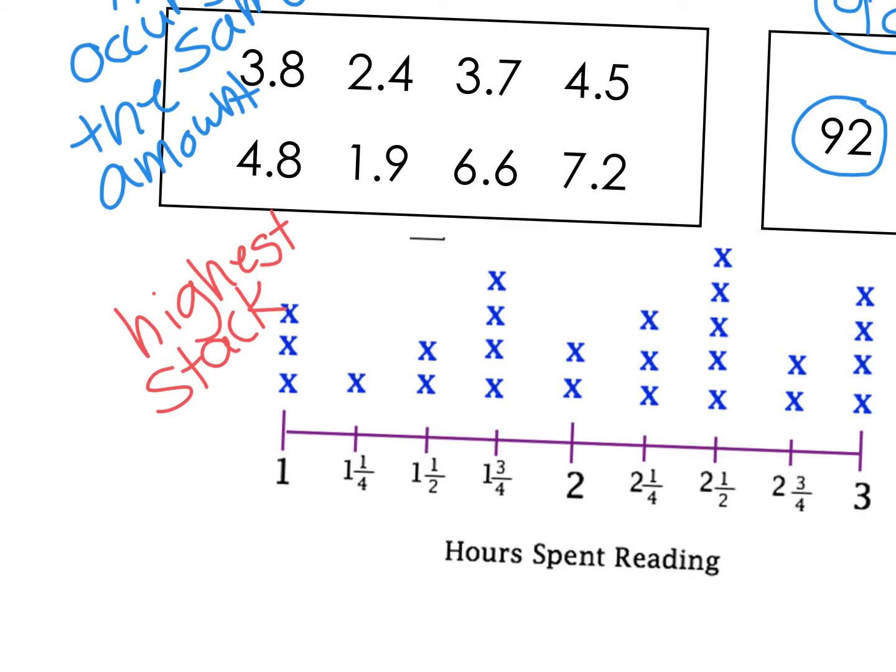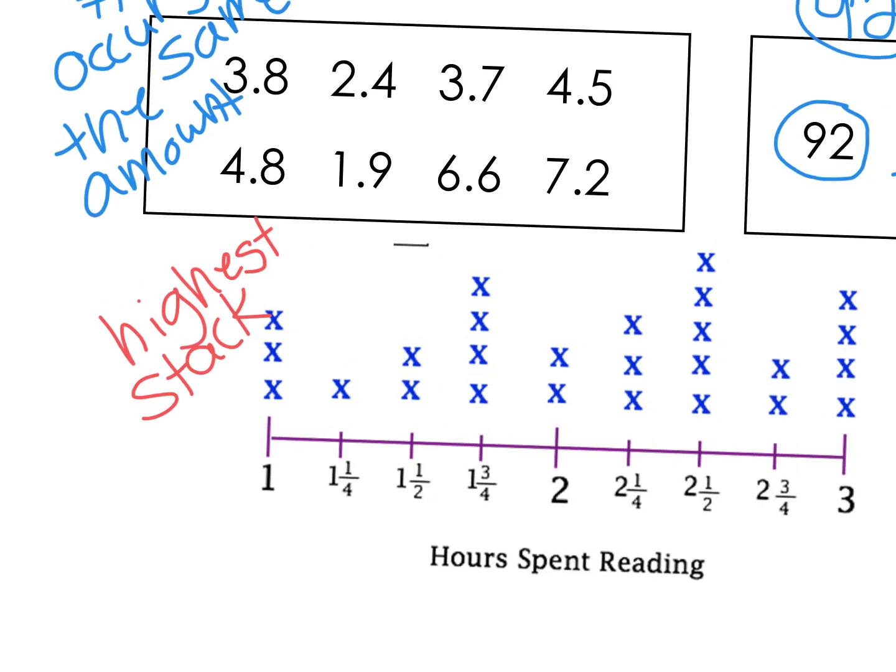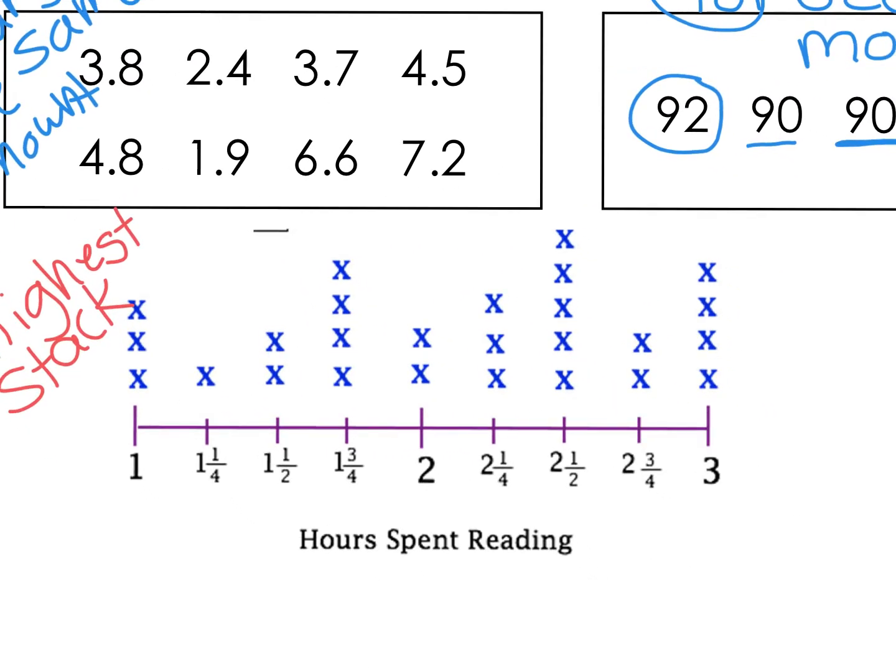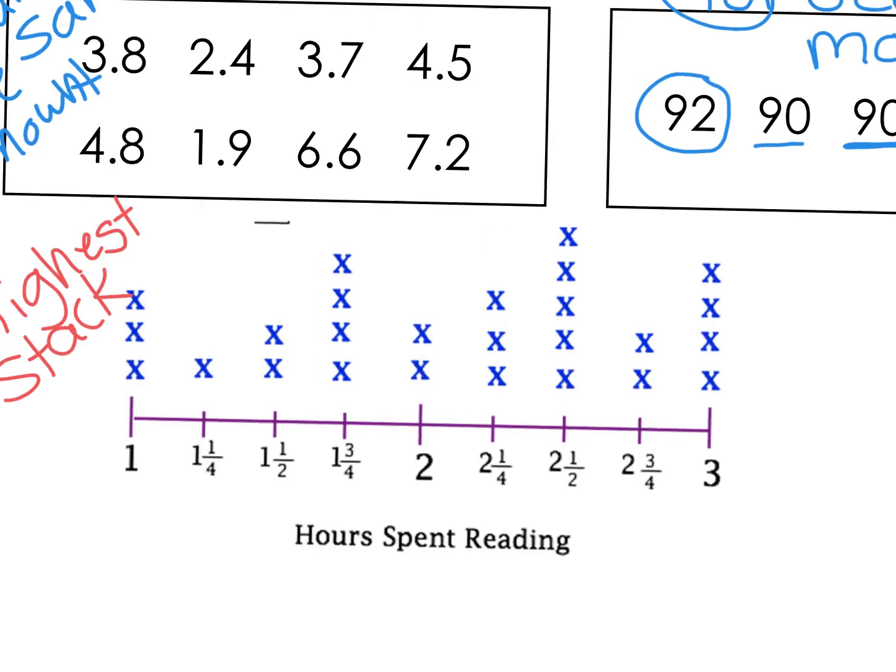And the reason why we're looking for the highest stack is because all these X's here represent how many times that number occurred. So you can see here 1 only occurred 3 times. 1 1/4 occurred 1 time. 1 1/2 occurred twice.